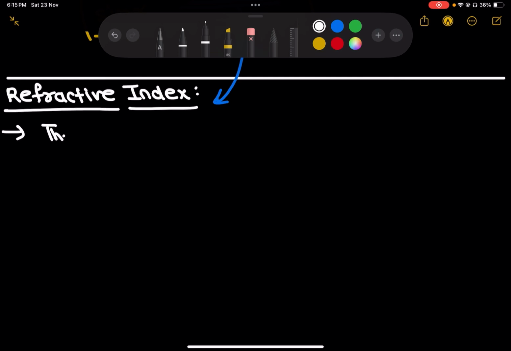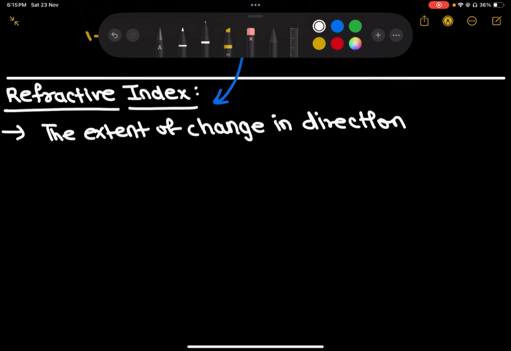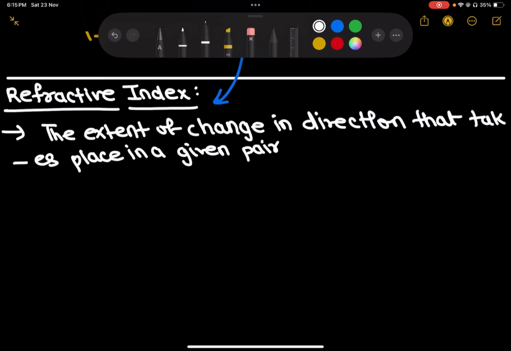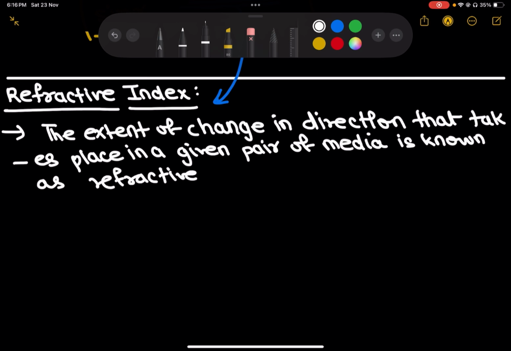The extent of the change in direction that takes place in a given pair of media is known as refractive index. Understood? Okay.